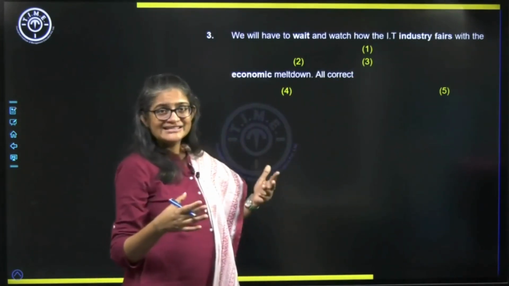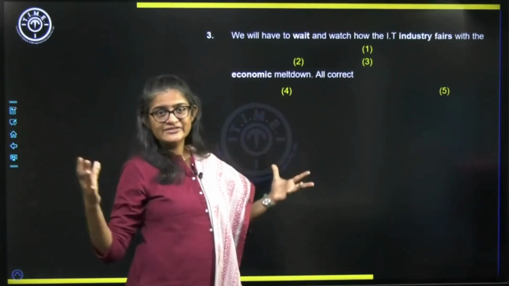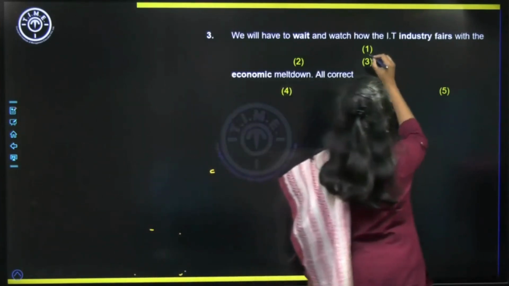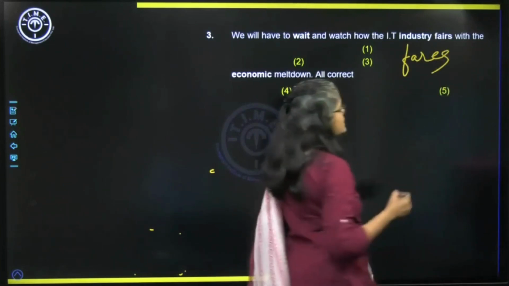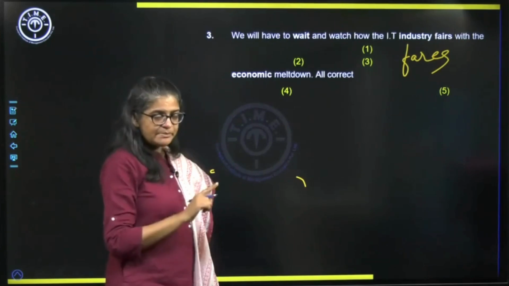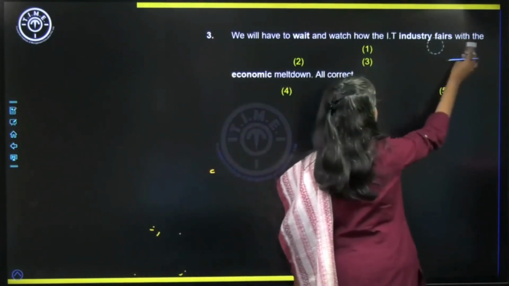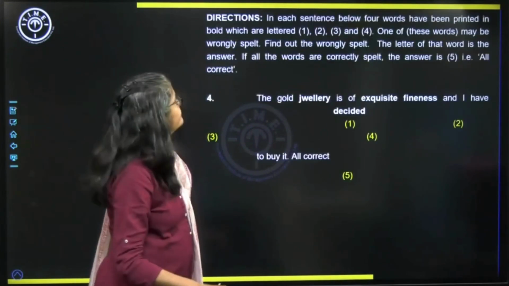In this sense, it would mean fairs, that is events, festivals, celebrations, melas. But how the IT industry performs is what they mean. So it is a spelling error there, or actually a mix-up of words, because there is a word called fair too, but it is not appropriate here.